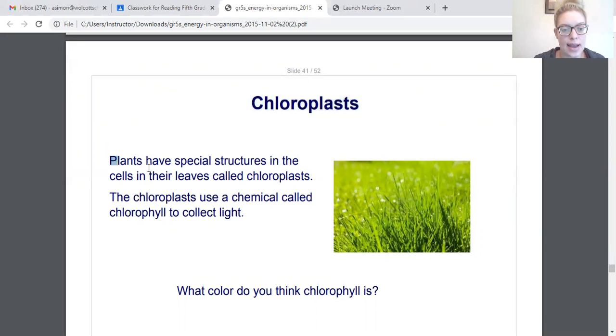Let's add that: plants have a special structure in the cells in their leaves called chloroplast. The actual structure that is in the leaf is called a chloroplast, and that chloroplast uses chlorophyll to collect light.